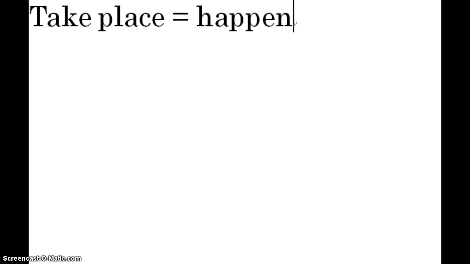Next, I would like to explain what you have to do for question number 4. For question number 4, it says, the umpire yelled, "You're out!" The instruction says, where would the following probably take place? Do you guys know what take place means? Take place means happen.